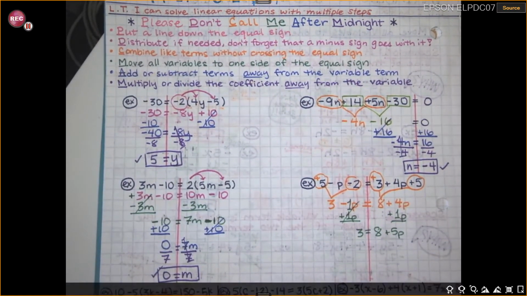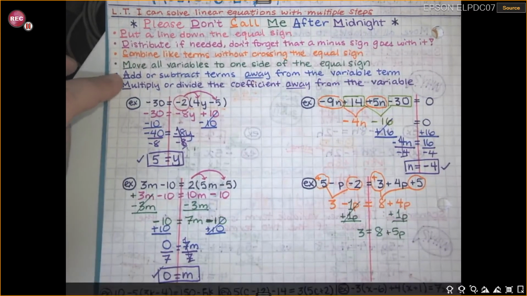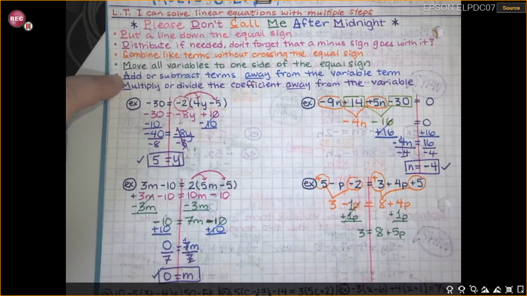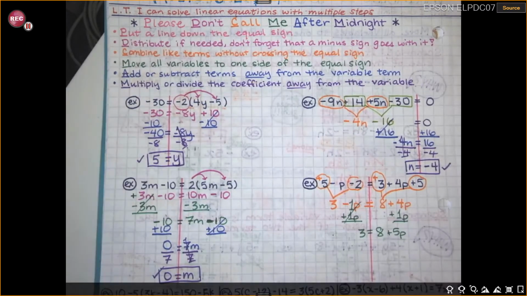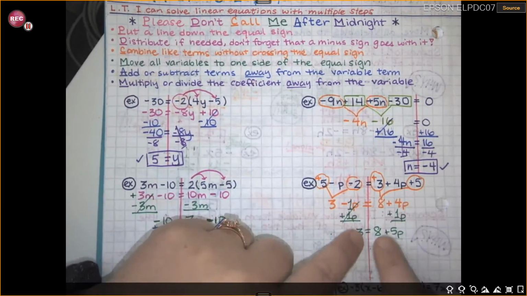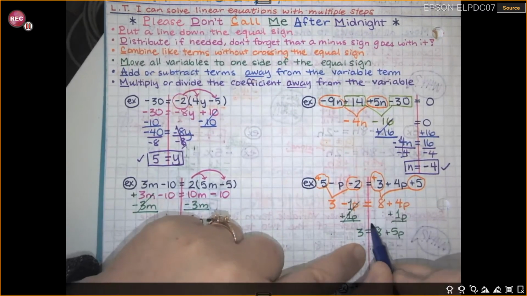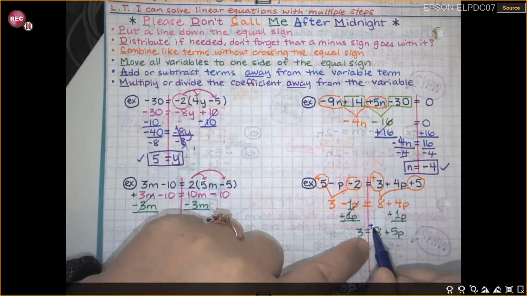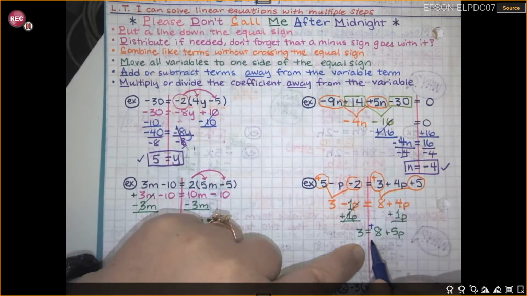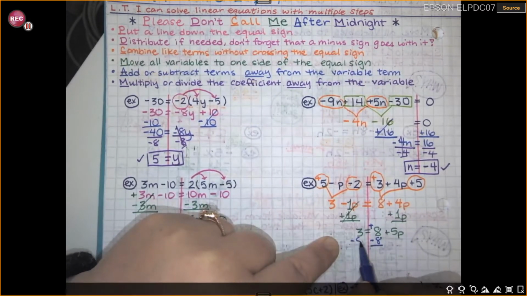Okay, so now we're down to 2 steps. Add or subtract away, and then multiply or divide away. So this is the term that doesn't have the p. Remember, it's positive. Identify its sign first, and then do the opposite. So positive 8, I'm going to minus 8. Minus 8.